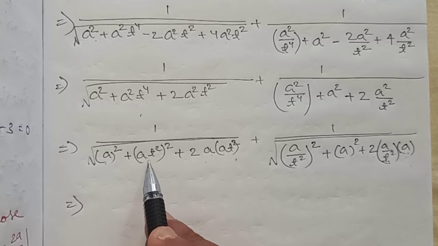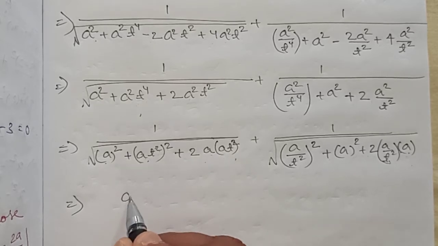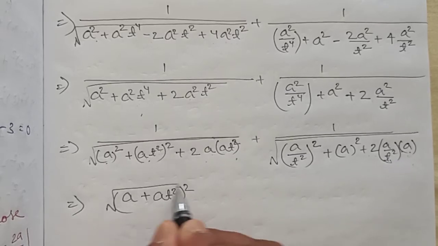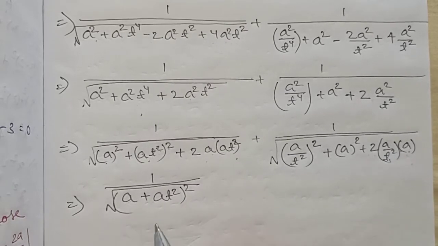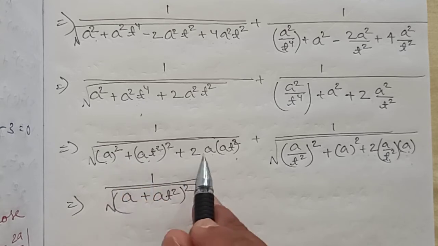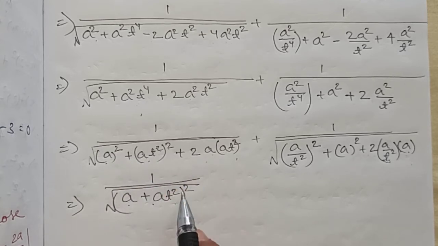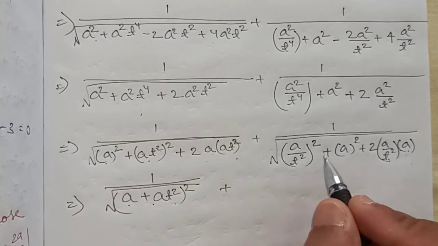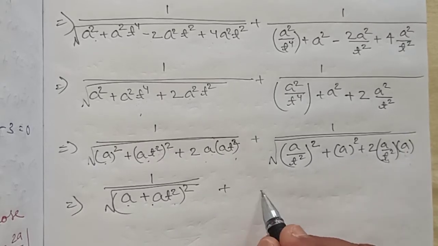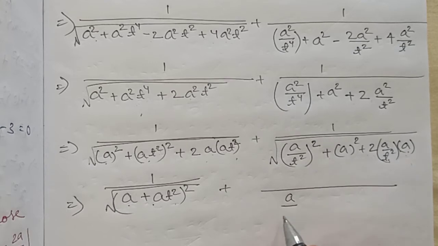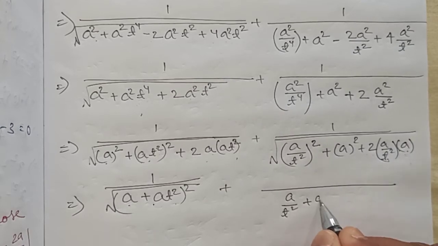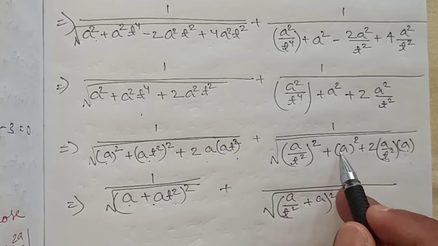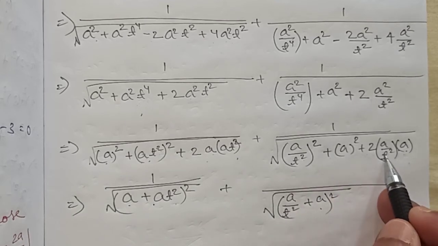Since a square plus b square plus 2ab is a plus b whole square, this can be written as a plus b whole square, and the second term also can be written as a plus b whole square.